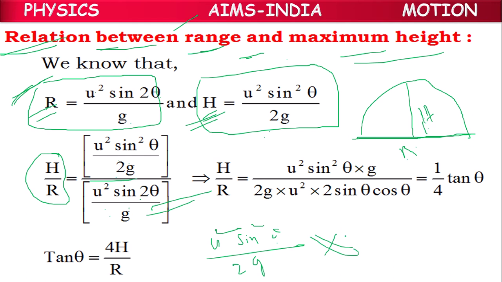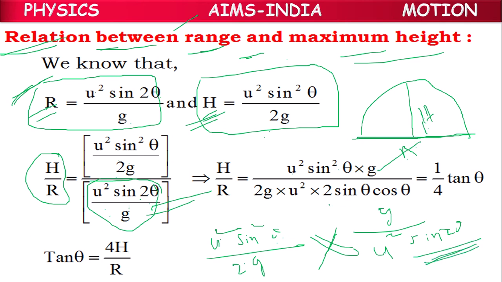Division we write as multiplication, so we take the reciprocal of the denominator: g by u square sine 2 theta. Like this we get u square sine square theta into g over 2g into u square sine 2 theta, where sine 2 theta can be written as 2 sine theta cos theta.